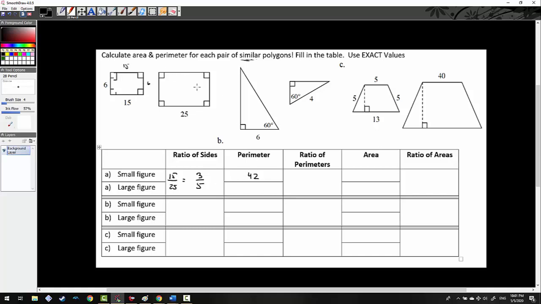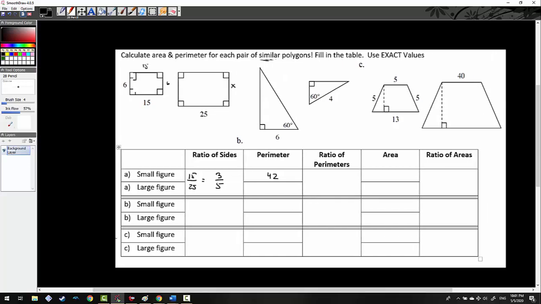Now from here, I don't know how long this vertical side on the larger rectangle is going to be. I'll call it x for now. And I'll solve this the way I would solve similar triangles. Similar triangles and similar rectangles are solved exactly the same way. I'll say 6 is to x as, since I'm going from small to large, 15 is to 25, or as we saw a few seconds ago, 3 is to 5.